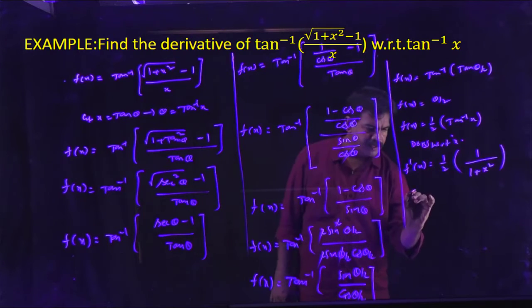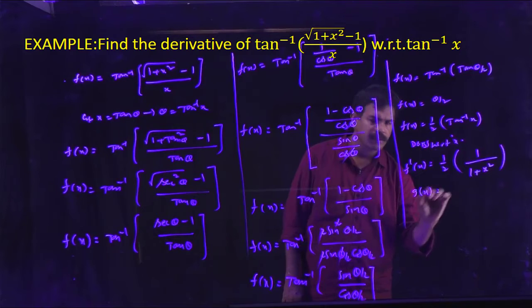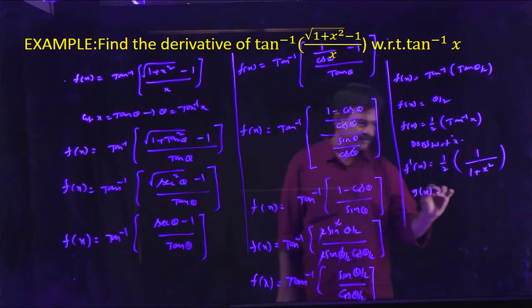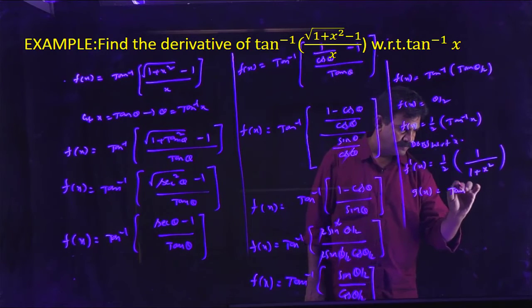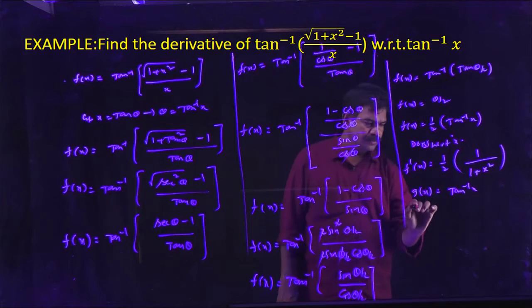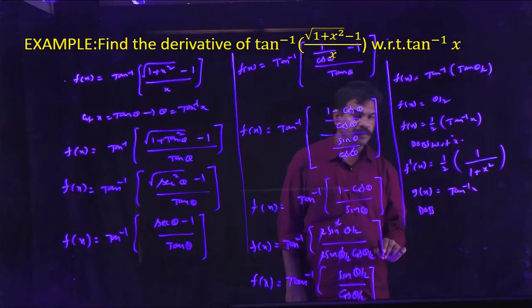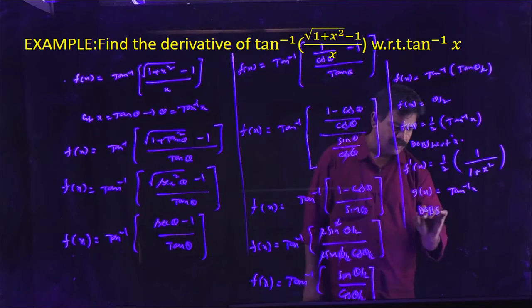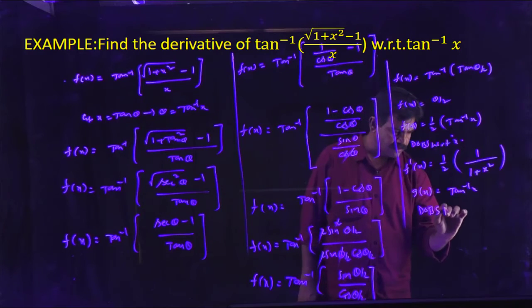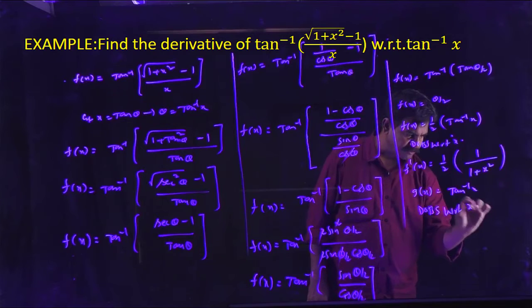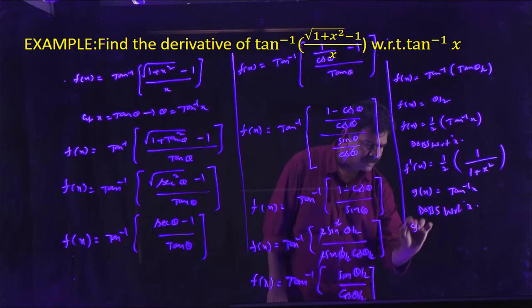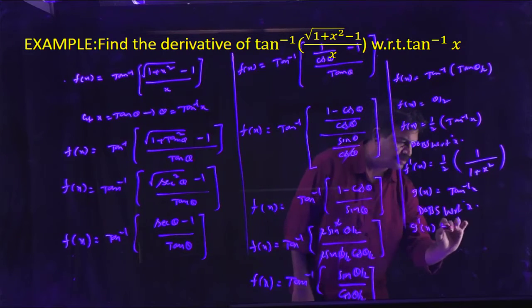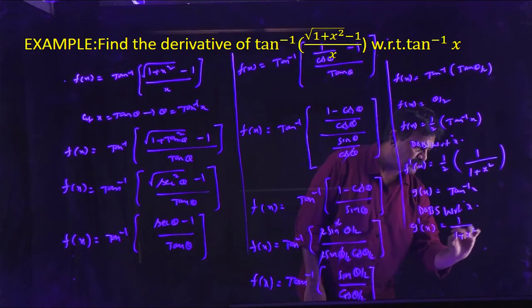Next we take g of x, that is tan inverse x. So this we can differentiate directly. Differentiating on both sides with respect to x, that is g dash x is equal to 1 by 1 plus x square.